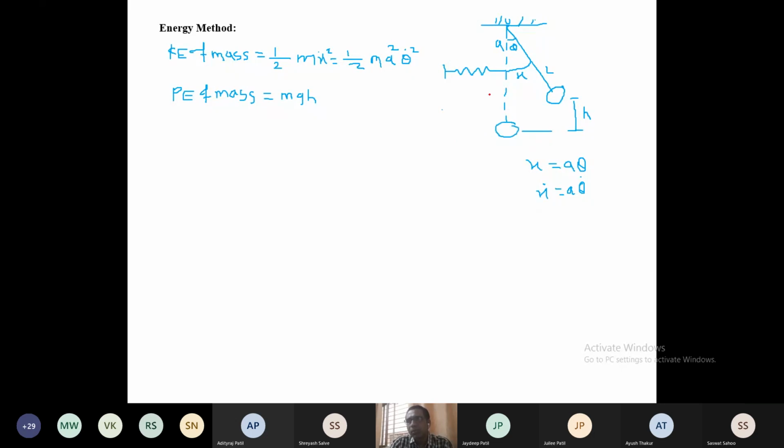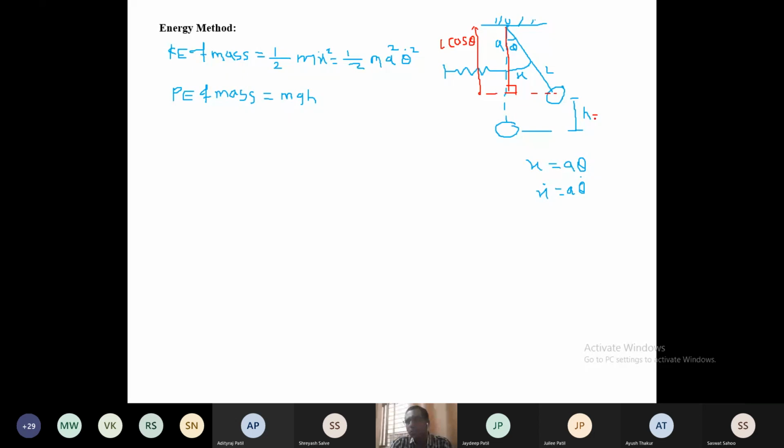Okay. Now we know this distance. This is a right angle triangle. Now this side is your adjacent side, it's cos theta, means L cos theta. Total length is L, so the distance is L minus L cos theta.